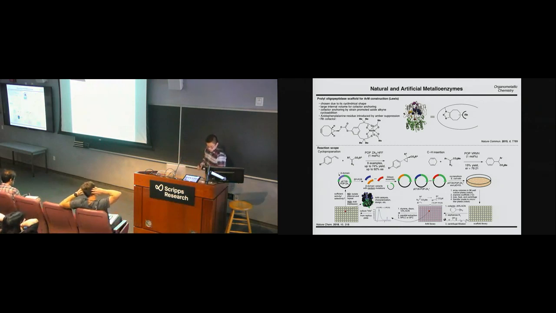So this protein family is cylindrical in shape and also has a large internal cavity that will be suitable for cofactor anchoring. And here they decided to anchor their artificial cofactor in a slightly different fashion.